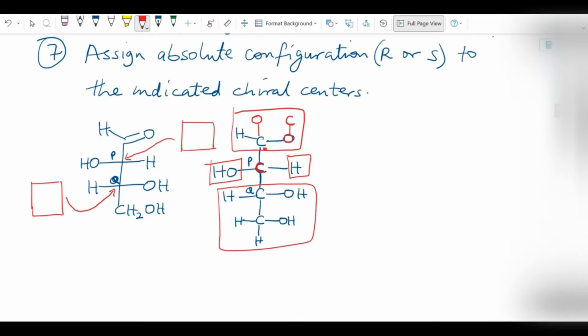So there are 4 groups on that carbon P, which is what makes it a chiral center. So I will then go ahead and assign priority numbers. So let's call this A. And this one B. Let's make this C. And let's make this D.